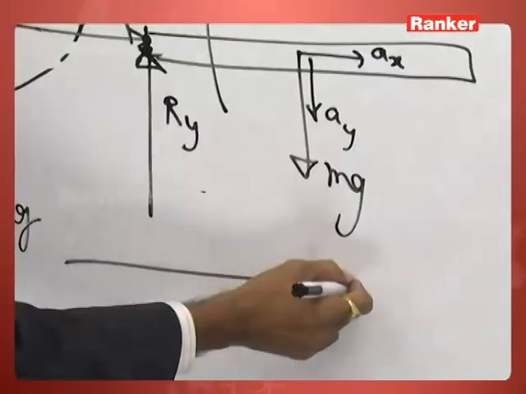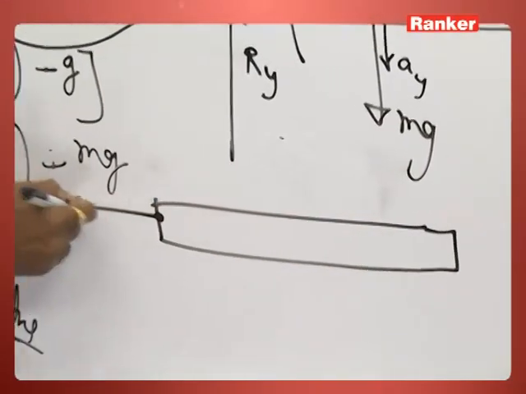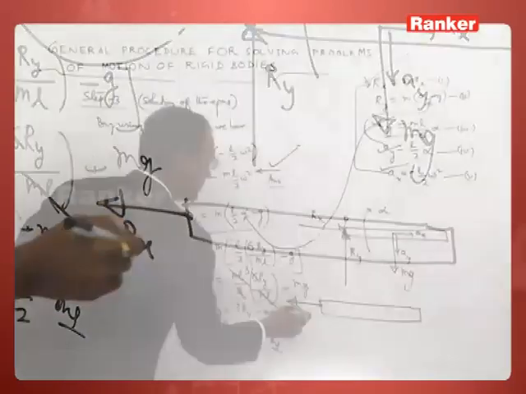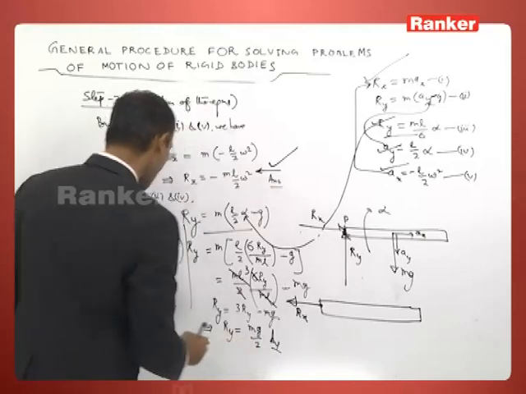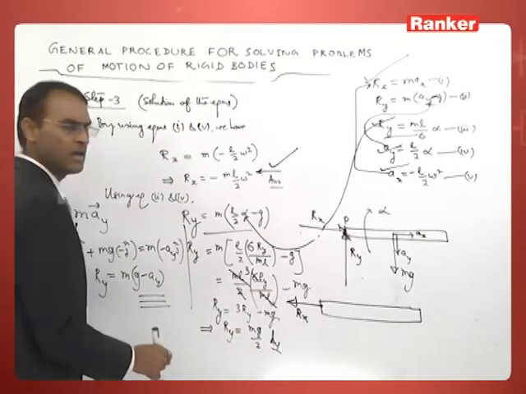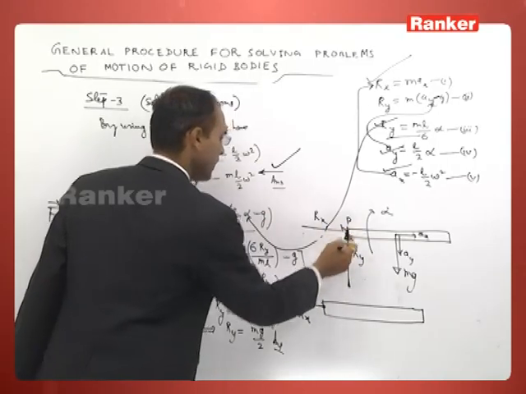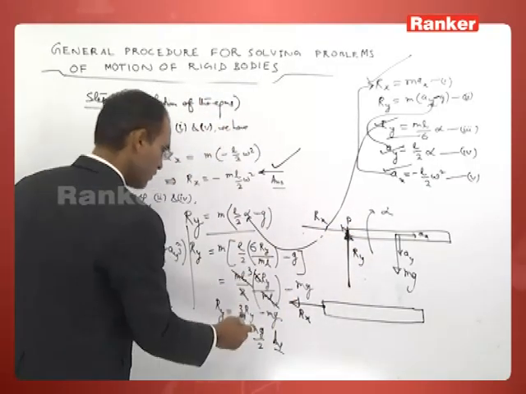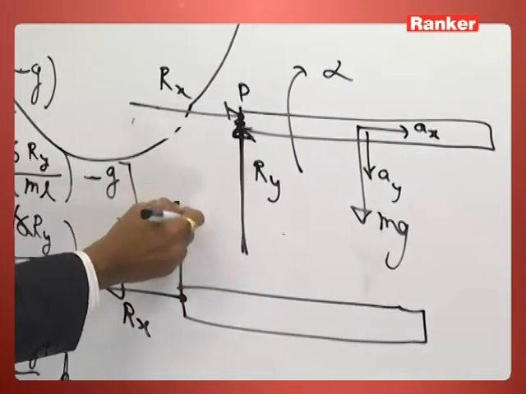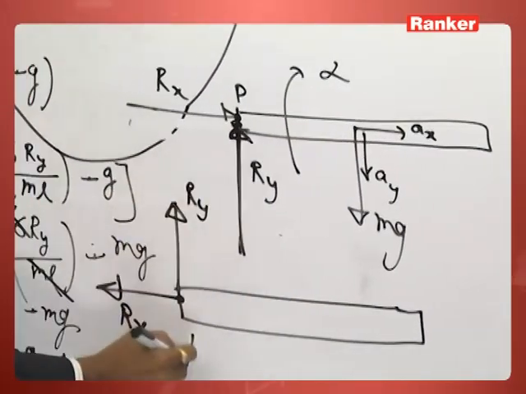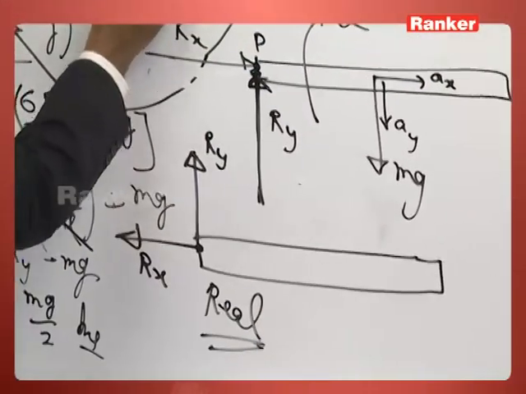So, in the real diagram, the Rx will be pointing towards left, and Ry we got a positive answer, and we have assumed that Ry is vertically upward and we got a positive answer. So, our assumption is correct. This is the real diagram, real or physical. This is assumed.